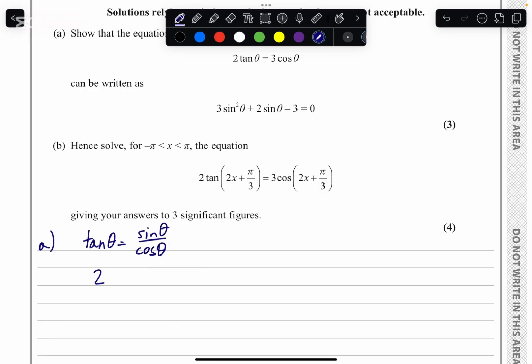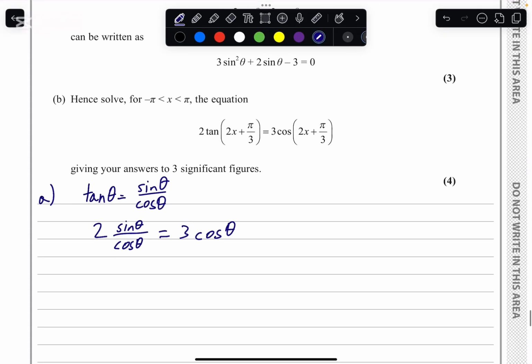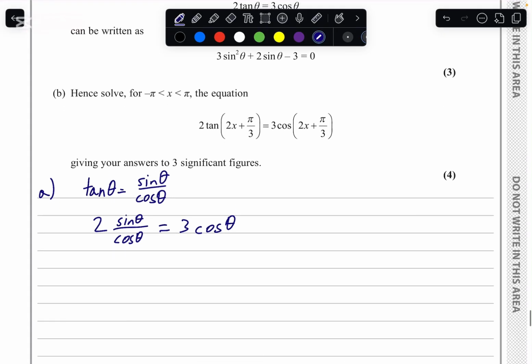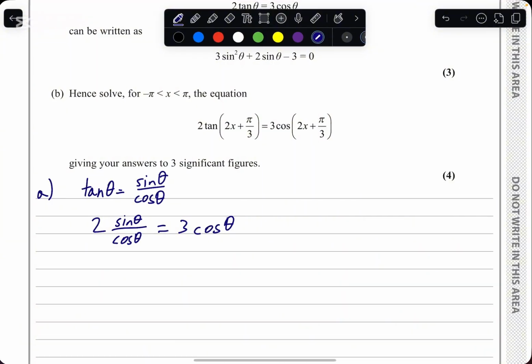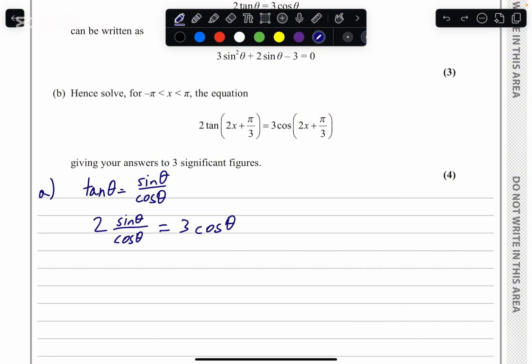So we will say 2 sine theta over cos theta equals to 3 cos theta. We don't like this cos theta as a denominator here, so we will multiply everything by cos theta. So we're left with 2 sine theta equals to 3 cos squared theta.